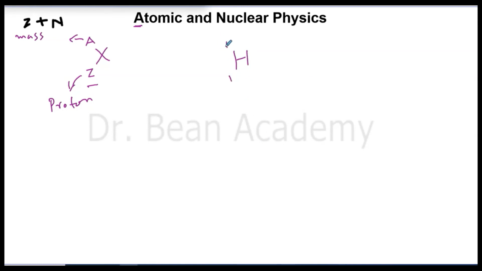So now you know at the top it is actually the mass number. It means the sum of the number of protons and neutrons in the nucleus of hydrogen is 1, and we know that there is only one proton in the nucleus of hydrogen. There is no neutron, so 1 plus 0 equals 1. So this is A, we call it mass number, and Z is equal to the number of protons in the nucleus, which is 1.